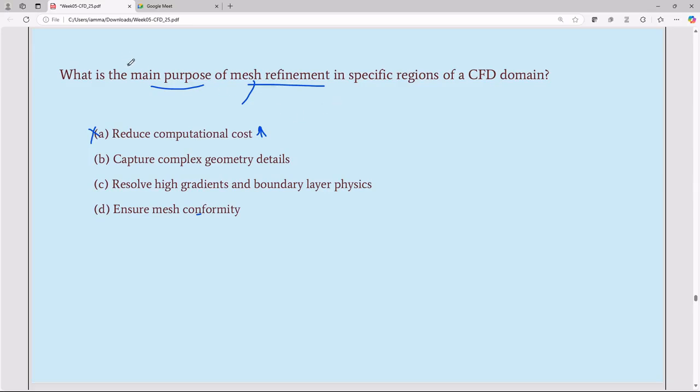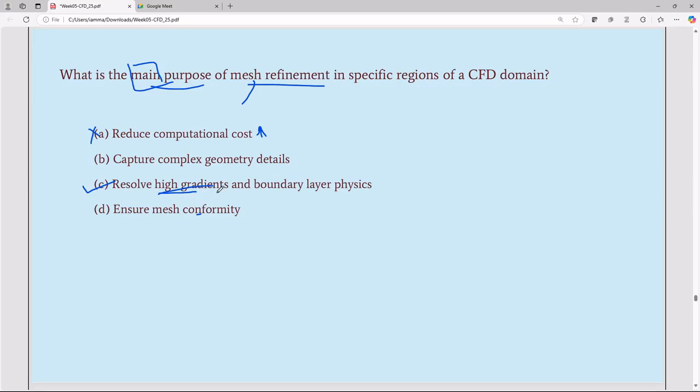But the question is on the main purpose. So the main purpose is option C, to resolve high gradients. There will be regions in our mesh where our transported property will be varying very drastically.